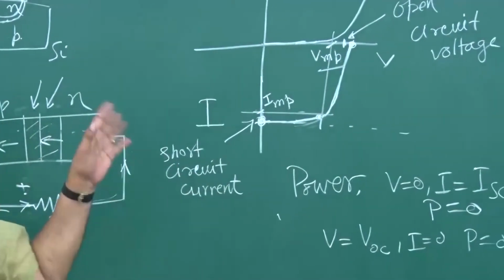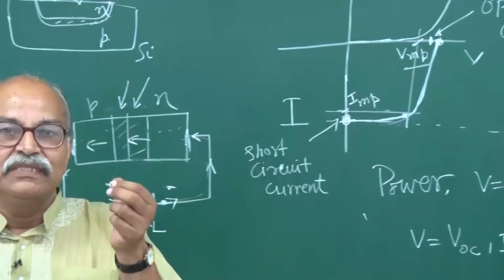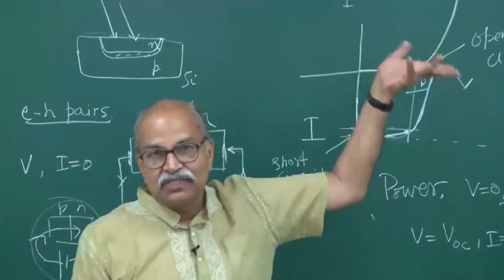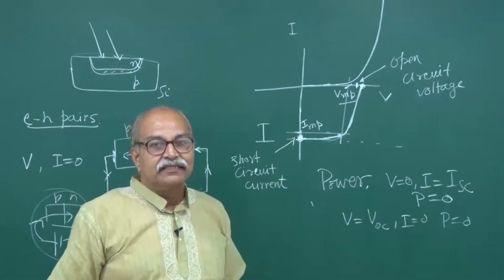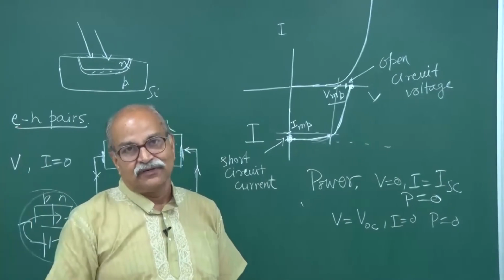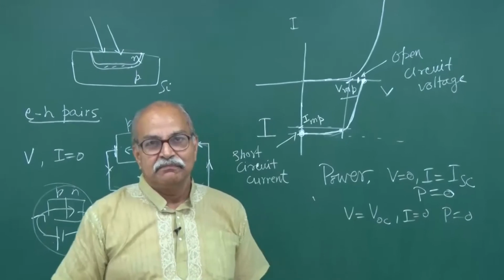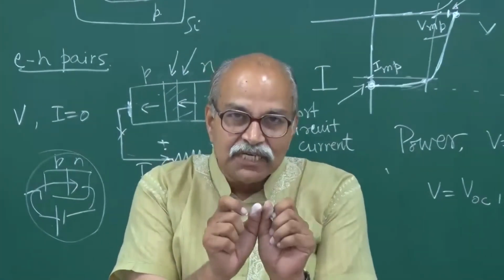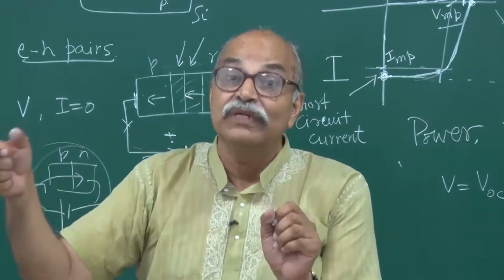So, these kinds of considerations are there, and one silicon cell will give you an open circuit voltage of about 0.5 volts, okay. And then the short circuit current will of course depend on how much light is falling on it, but typically it will be in milliamperes. So, a number of solar cells are connected in series to increase the voltage.